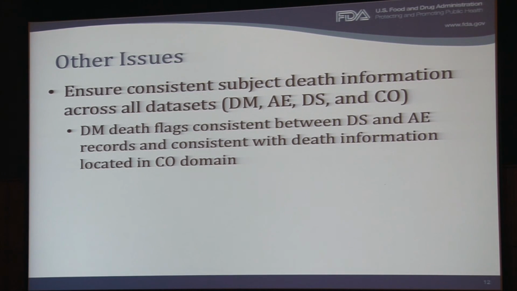We would like to have consistent subject death information across all data sets, specifically demographics, adverse events, disposition, and comments. We look for death information in records by using death, died, or fatal. And we really would like to see death information consistent between DM, DS, and AE, and we do a reconciliation.